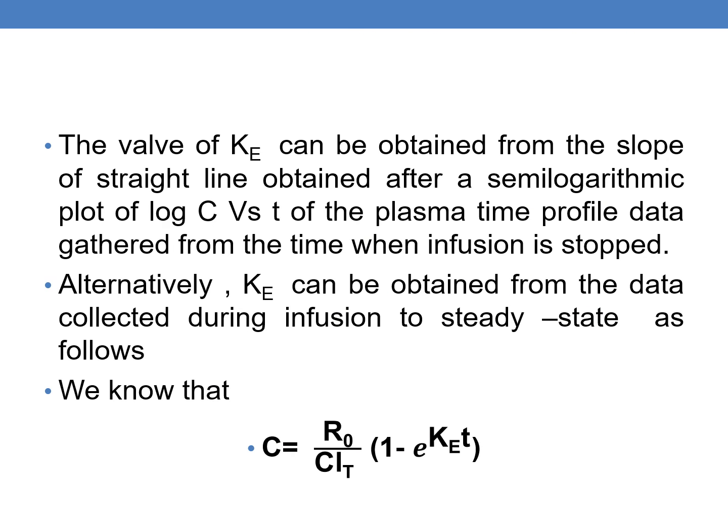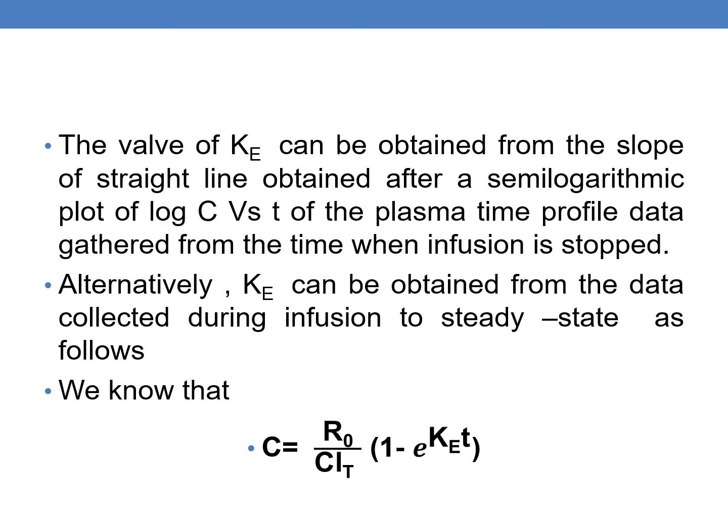The value of Ke, as we have discussed earlier, can be obtained from the slope of a straight line obtained after semi-logarithmic plot of log C versus t. Alternatively, elimination rate constant Ke can be obtained from the data collected during the infusion to steady state as follows.